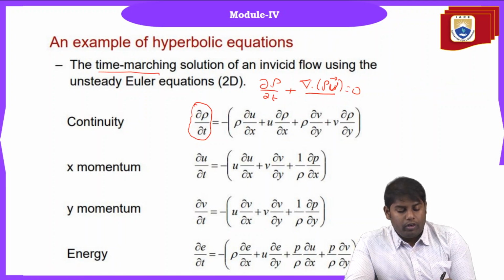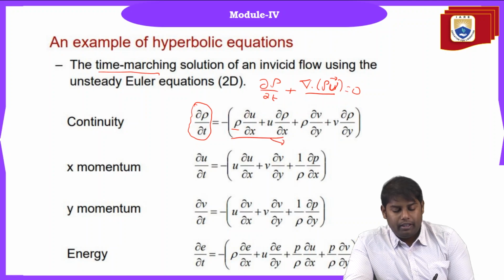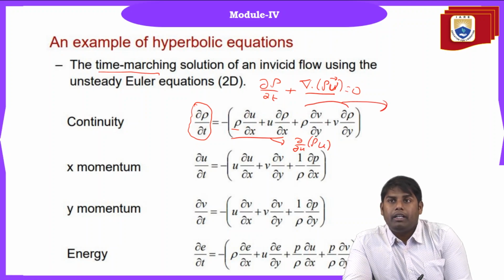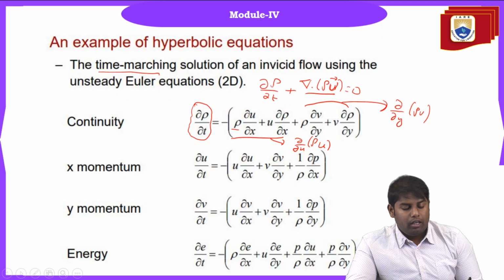When you apply the UV rule, you can see ρ is coming out and ∂u/∂x. So this term is completely ∂/∂x of ρu, and this term is completely ∂/∂y of ρv. Right? Now this is the continuity equation.